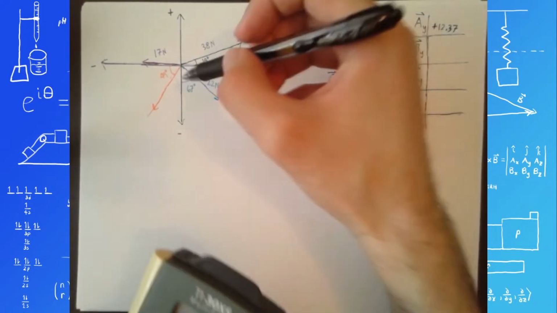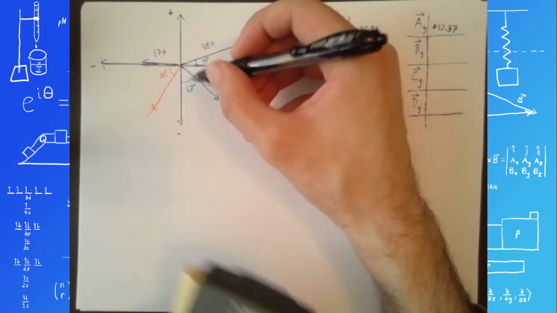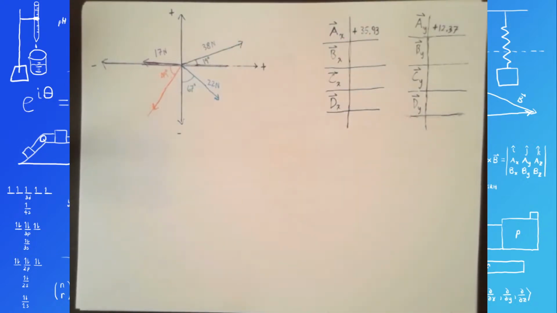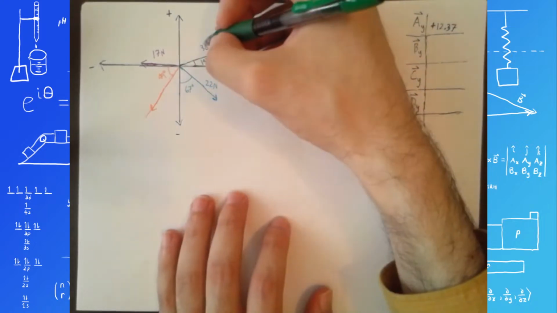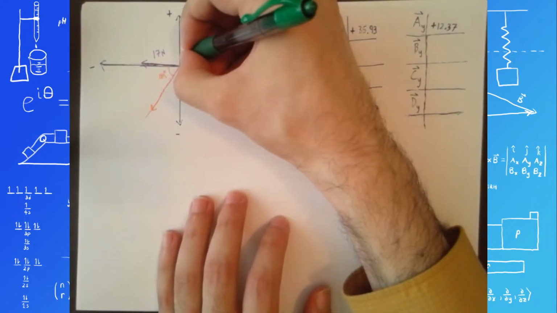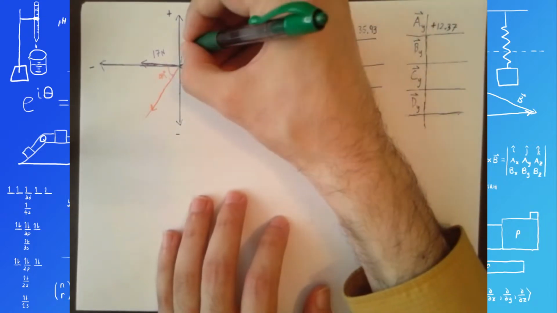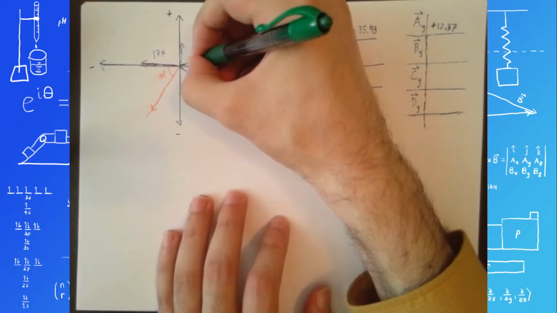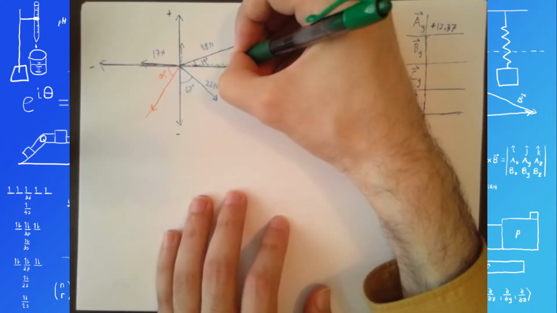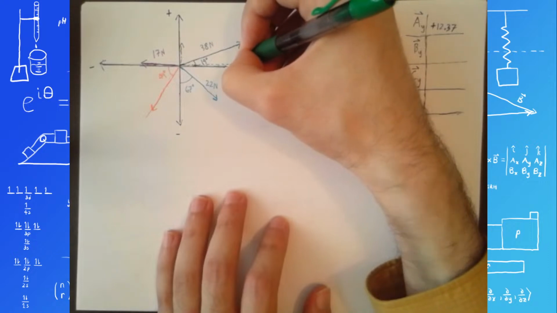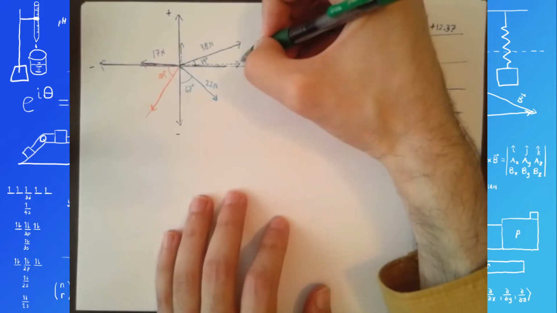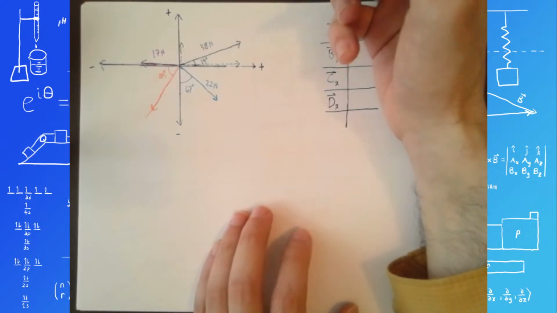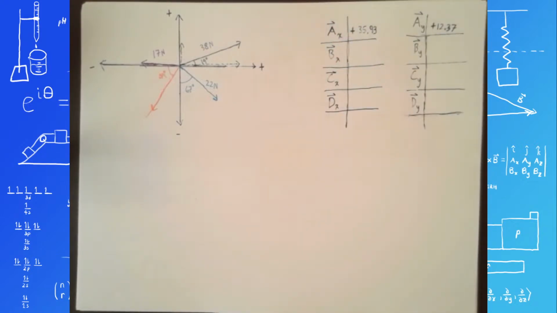Okay, next up is my blue vector over here, and I should actually just draw these components as I go. So this 38 is made up of a part that points up, like that, and a part that points to the right, like that. Of course, I could have drawn the part pointing up over here, and that's perfectly fine. Vectors don't really care where you draw them because vectors don't have a physical location that they have to be at.